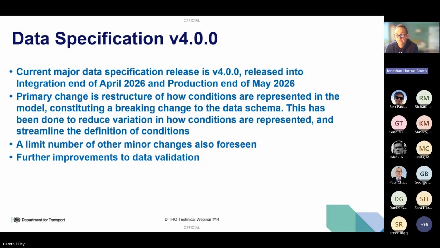So we've tightened that up. We've made a limited number of other changes, many of which are just adding additional values into lists where they've been user requested. And we've also tightened the validation that we've got in the background. But overall, there isn't a substantial change with the release into version 4.